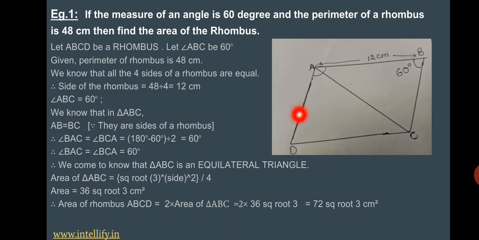The area of the rhombus is the sum of two triangles, so 2 into the area of one triangle. So we get 72 root 3 centimeter square.